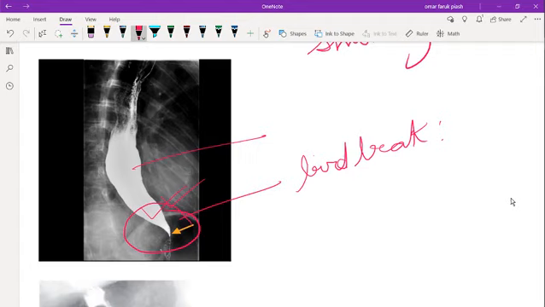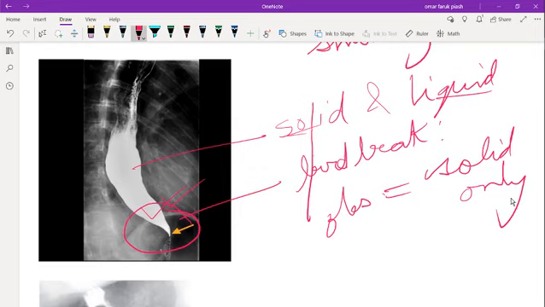In obstruction there is only solid, but here there is both solid and liquid, progressive obstruction of solid and liquid, and in obstruction there is solid only. And you can confirm it by doing manometry.